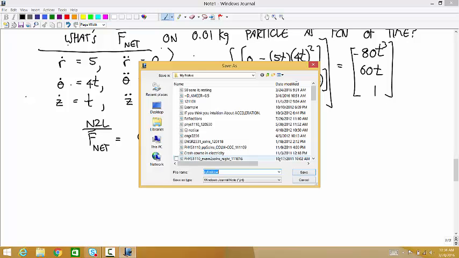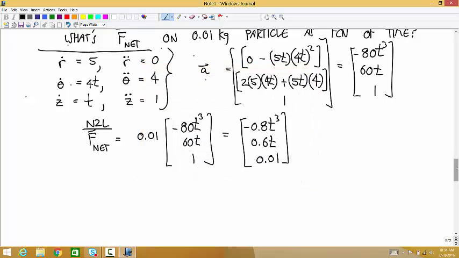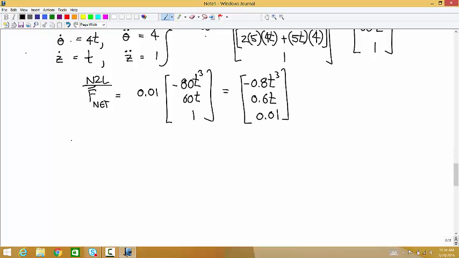So the next thing we're going to talk about is superimposed motions. And here's an example.